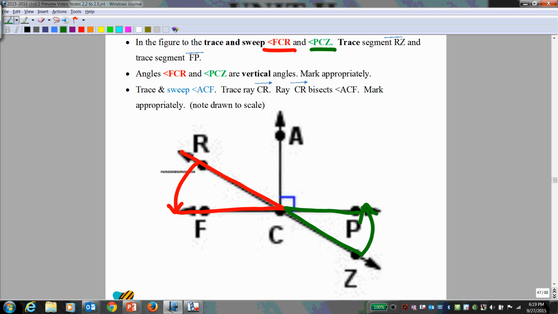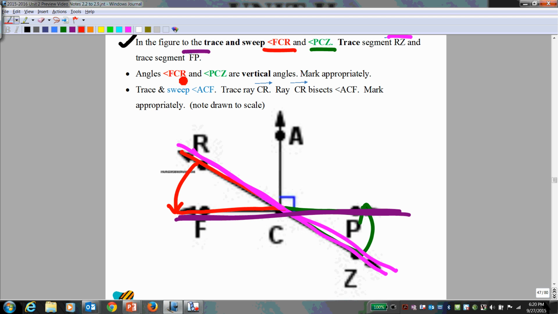Trace this segment RZ. Physically trace it. And FP, physically trace it. Trace those segments again. RZ, and FP. We're done with that.